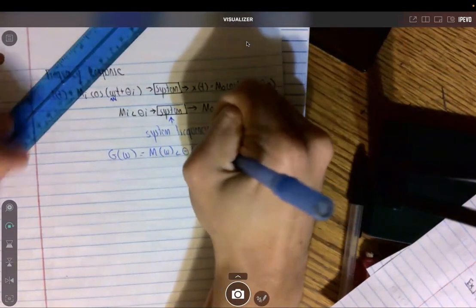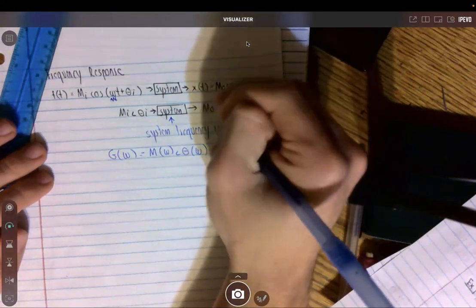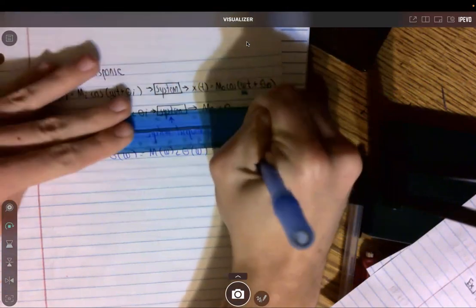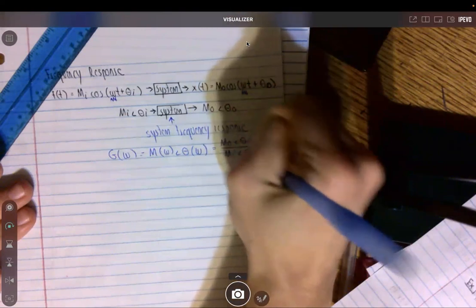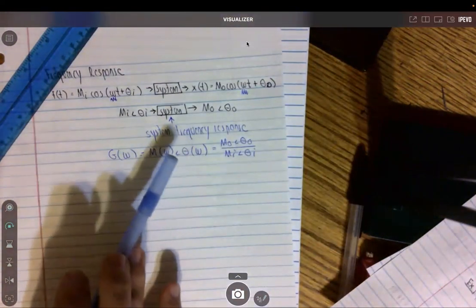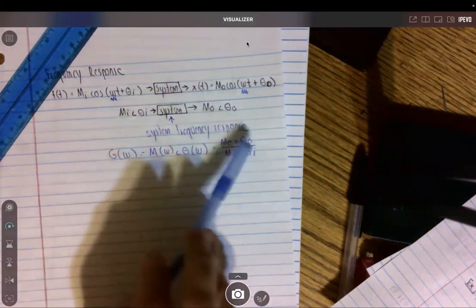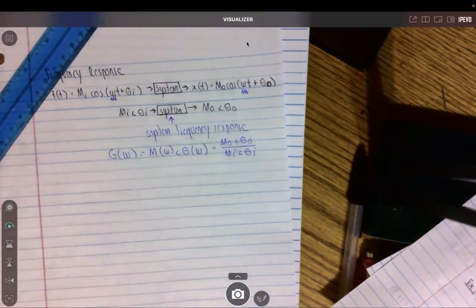And basically your system, remember, you can calculate it as the output over the input. So we're going to have the output over the input, which gives us our system transfer function, which you remember when we calculated transfer function, it was output over input. Here we're doing system frequency response, output over input, and that's how you get the frequency response. So it's very similar in nature.